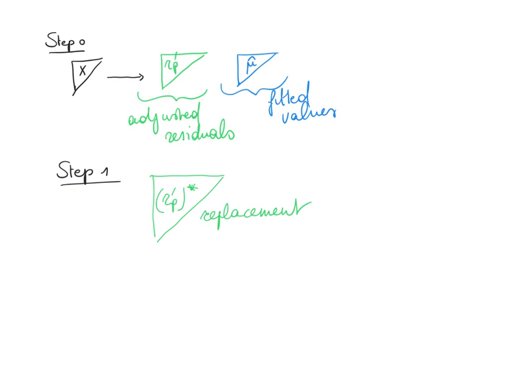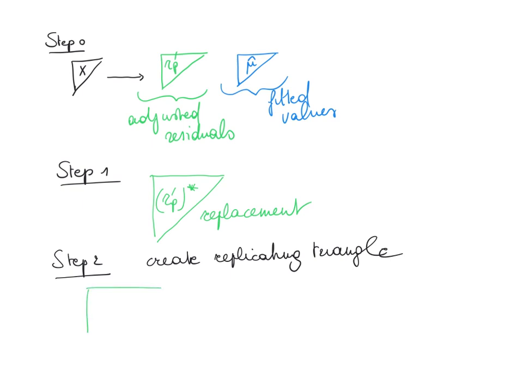Now I'm going to use this triangle by combining it with my blue triangle. So create a replicating triangle, or a bootstrap triangle if you want. In order to do that, I'm going to use my green shuffled triangle with the residuals, and I'm going to combine it with my mu hats, where for each cell I still have my fitted value as I originally obtained it.